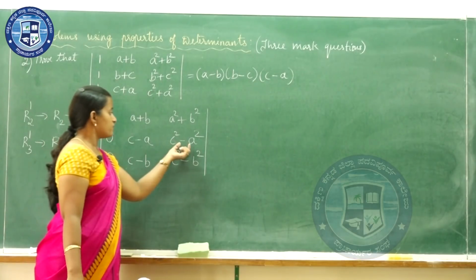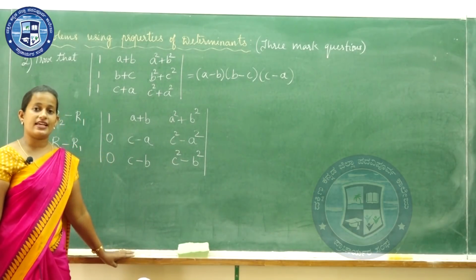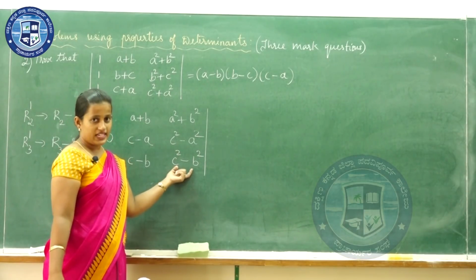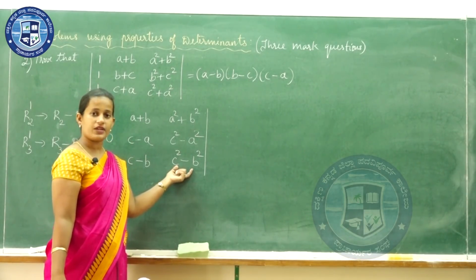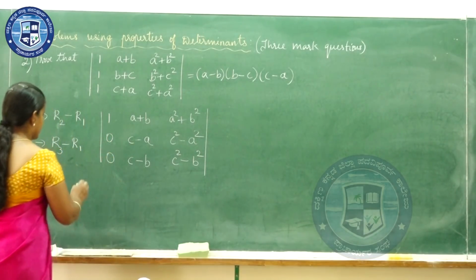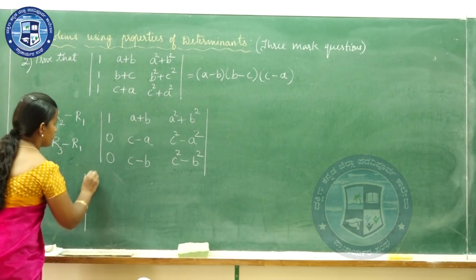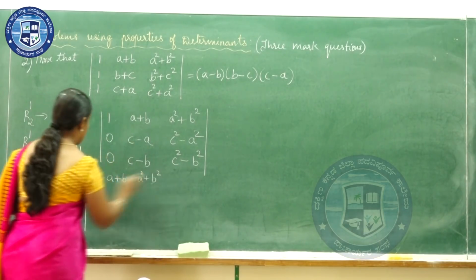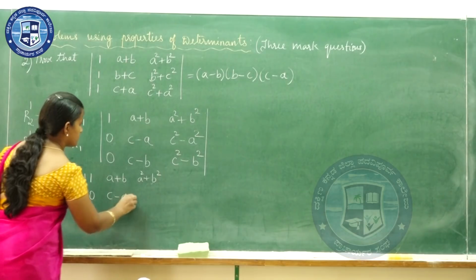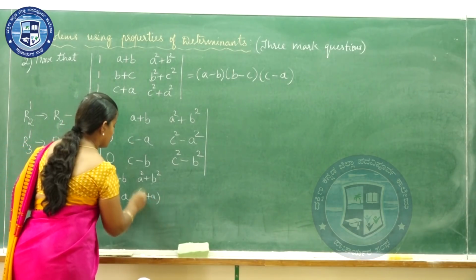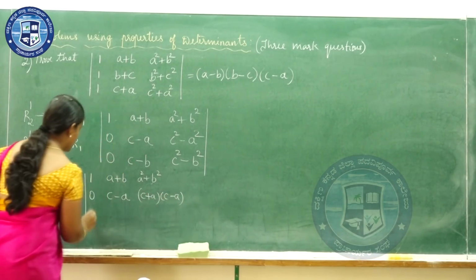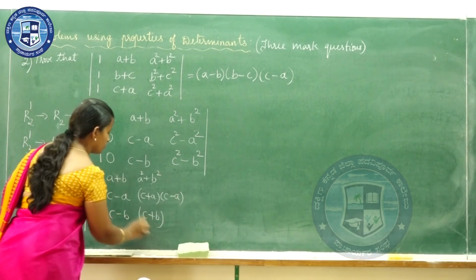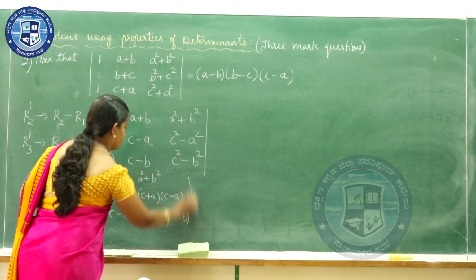Now if you observe, c square minus a square can be written as (c plus a) into (c minus a). c square minus b square can be written as (c plus b) into (c minus b). Let us write that step. Rows: 1, a plus b, a square plus b square; 0, c minus a, (c plus a)(c minus a); 0, c minus b, (c plus b)(c minus b).